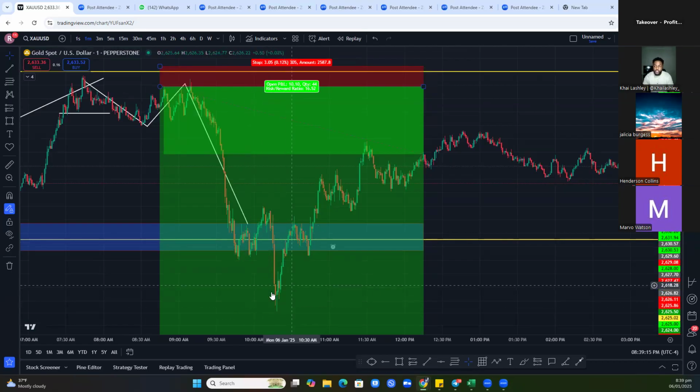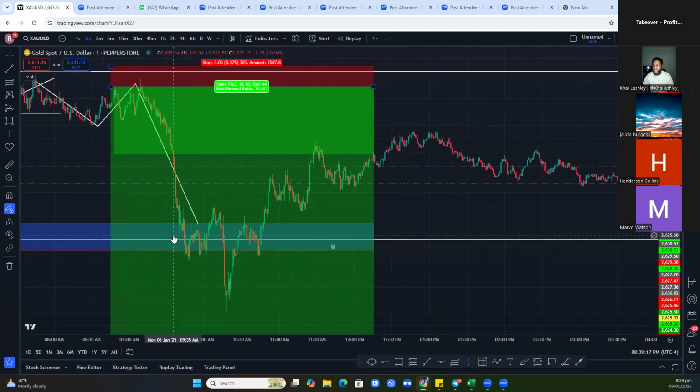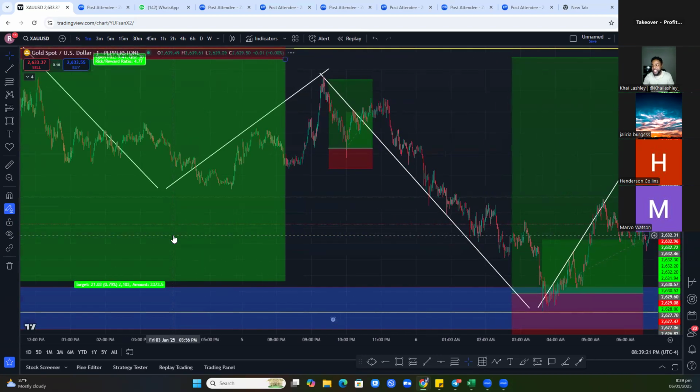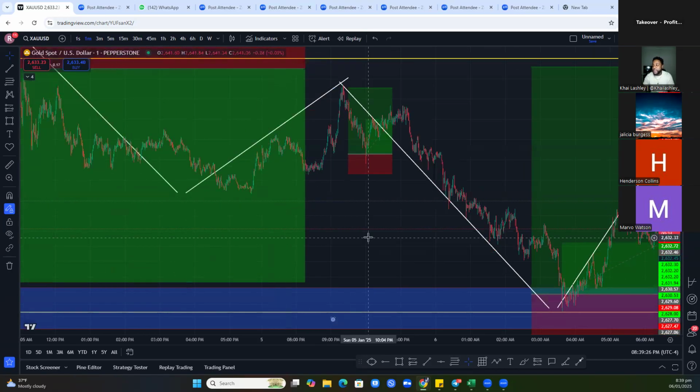If you couple it with structure, every area that my eyes are looking at is structure. When you start to see it, you can't unsee it in the market.